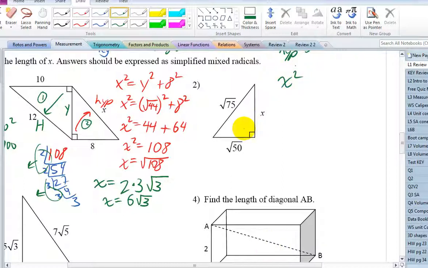X squared. Where's your hypotenuse? It's over here. So should we add or subtract our squares? Marisa, what do you think? Bingo. Okay. So it's square root 75 squared minus square root 50 squared. And I wrote it that way on purpose, so please copy it exactly.